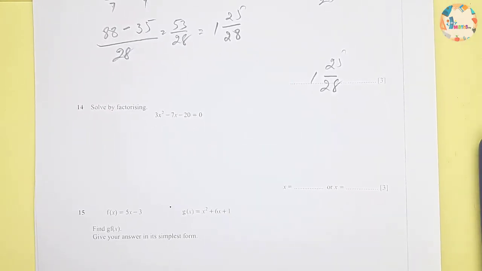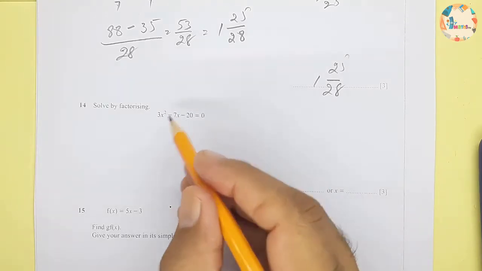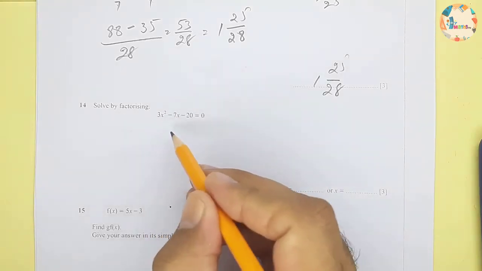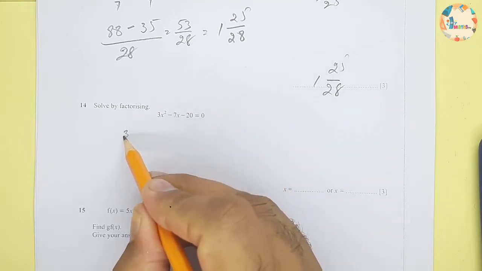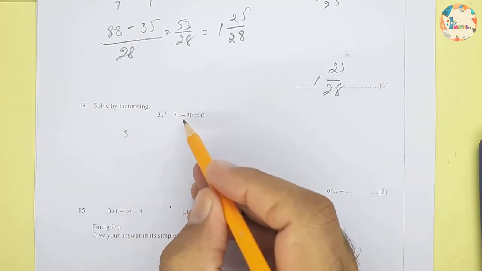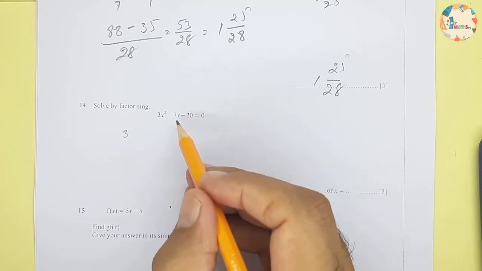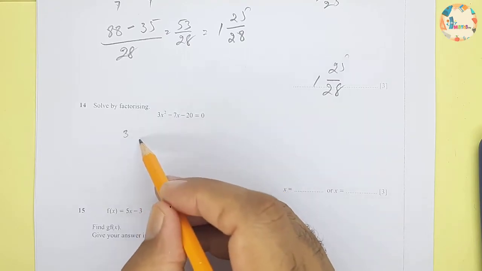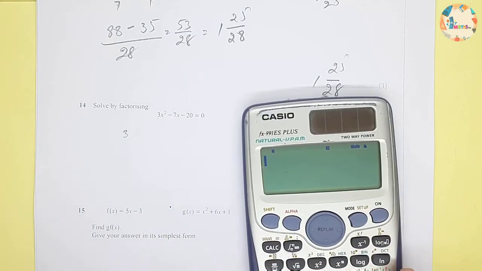So factorization is required. So we can make pairs, like for example 3x square, and this one can be basically what we can do, we can write it as, by factorization basically we have to solve.